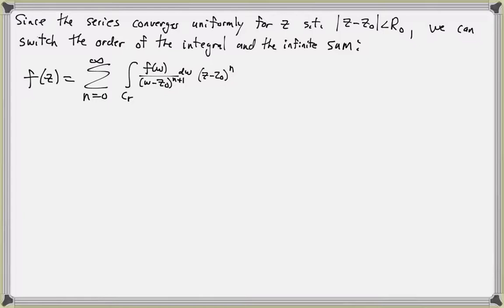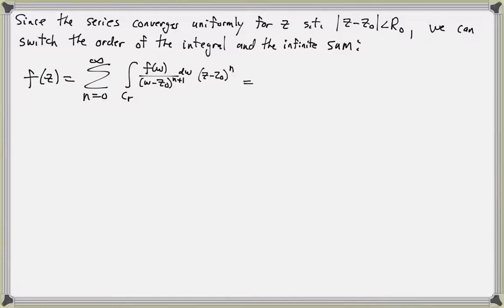But if we recognize this expression right here inside the circle, by the general Cauchy integral formula, we recognize this as the nth derivative of f evaluated at z0 divided by n factorial.